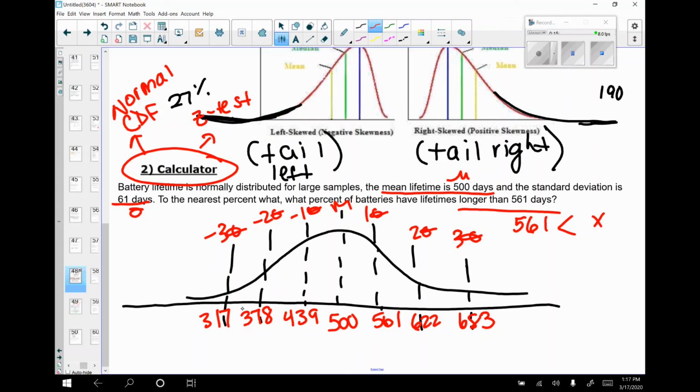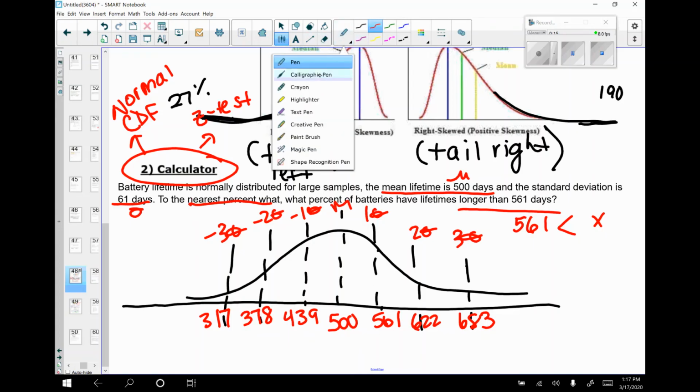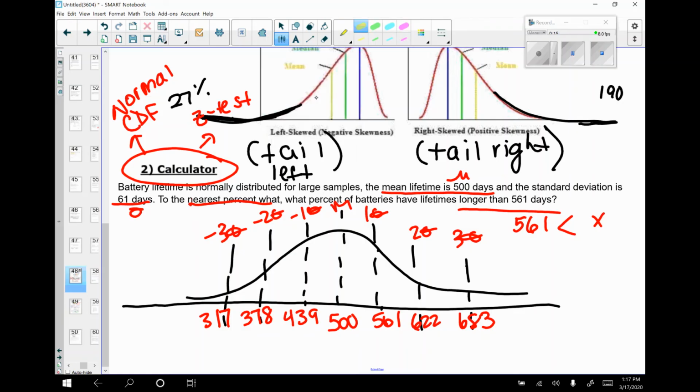Now they're asking me what percent, to the nearest percent, of batteries last longer than 561 days with this mean and this data. Well, I can already estimate this without my calculator because I have 561 right at my first standard deviation. They want to know how much is from here to more.